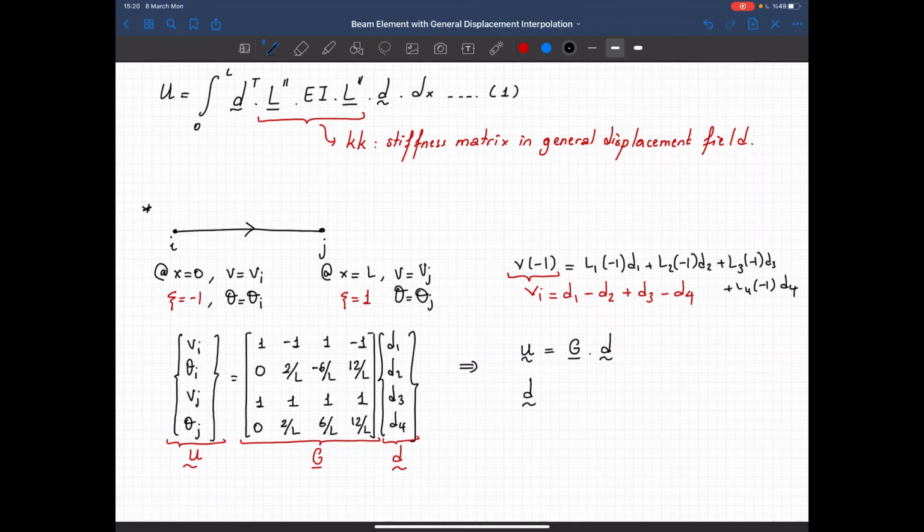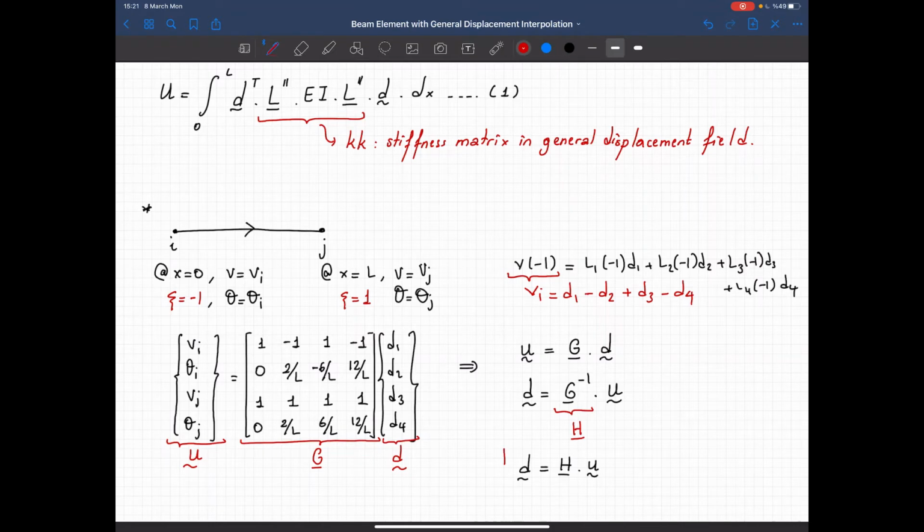D will be then equal to the inverse of G multiplied by U, right? So let's call this one our new transformation matrix. That will be H. So this transforms the nodal displacements into the general displacement coefficients. So in that case, I can write D is equal to H multiplied by U.